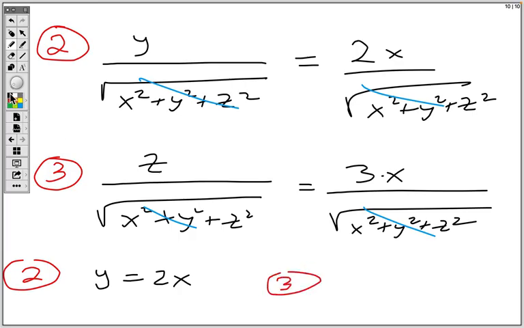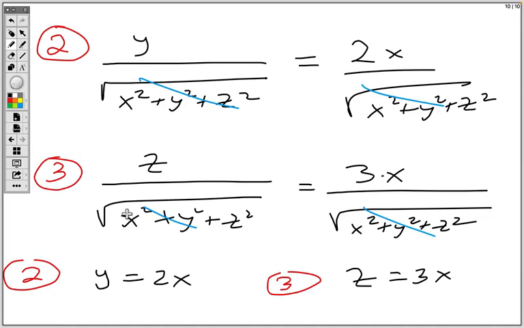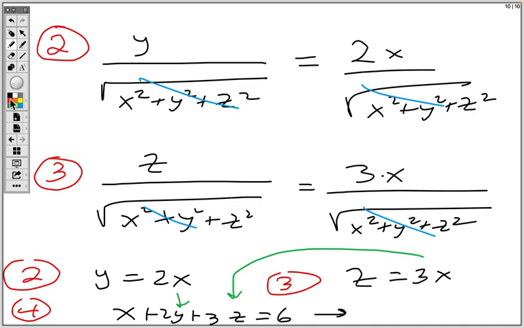Equation 3, z equals 3x. Now I can put those two in there. X plus 2y plus 3z is 6, so it's going to go into equation 4 now. So I'll put that in for y, I'll put that in for z.